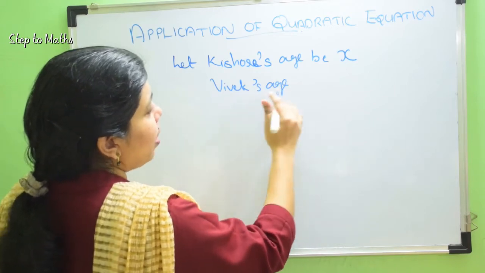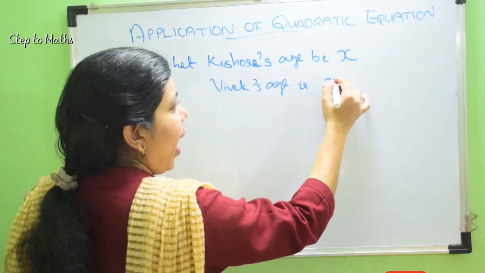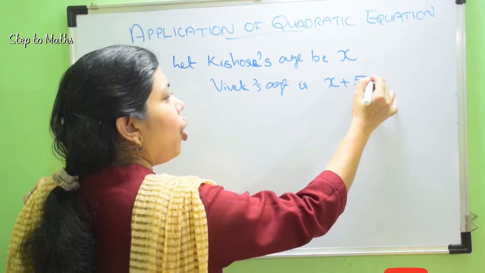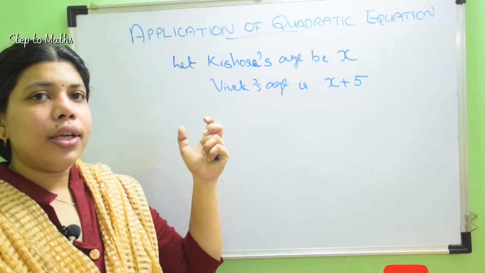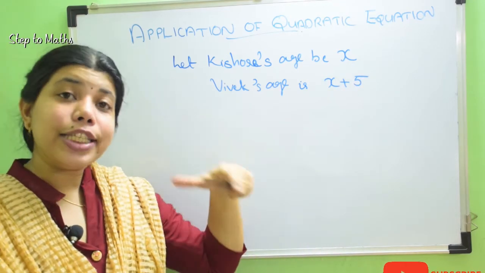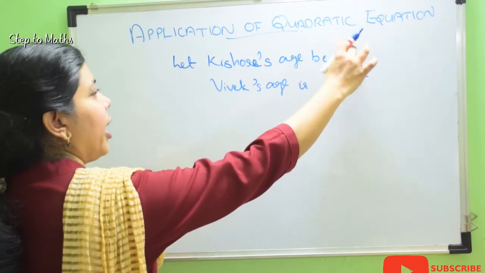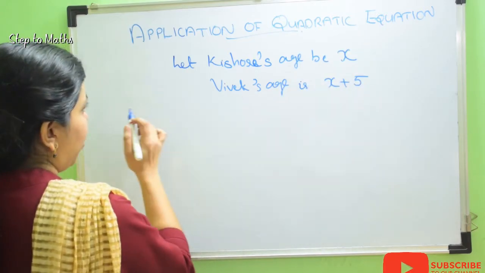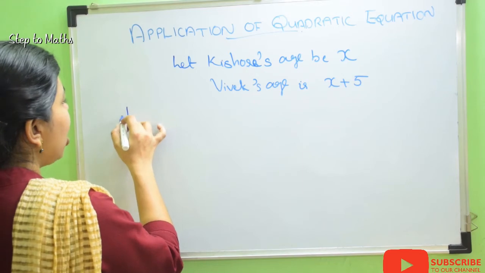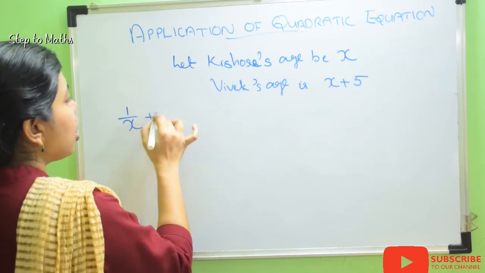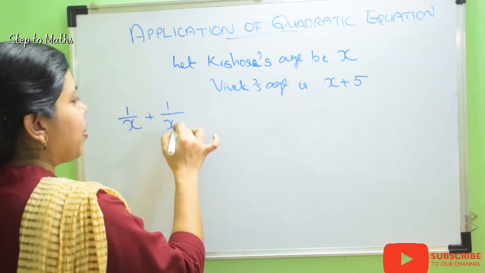So, Vivek's age is x plus 5. The sum of the reciprocals of their ages, that means their ages are x and x plus 5. Here their reciprocals are 1 by x and 1 by x plus 5.